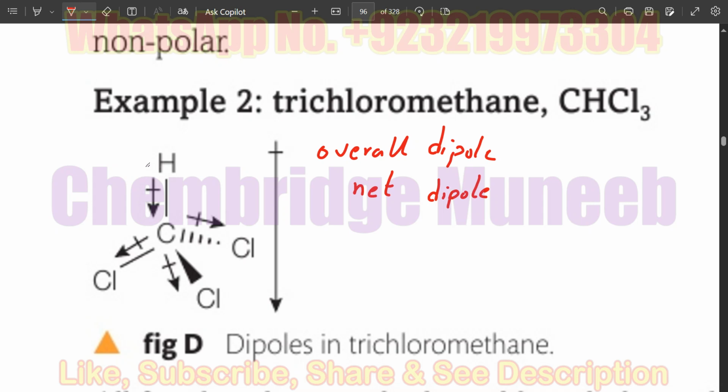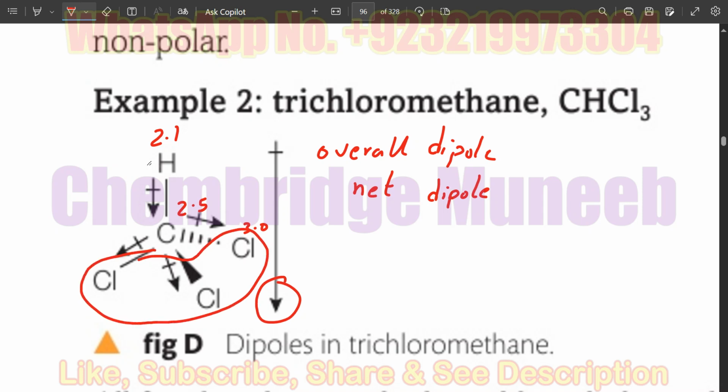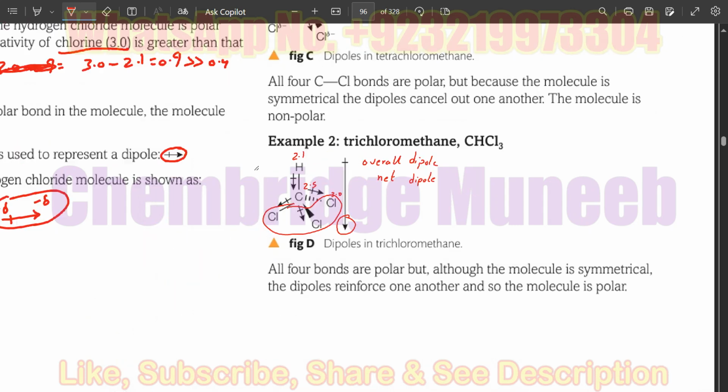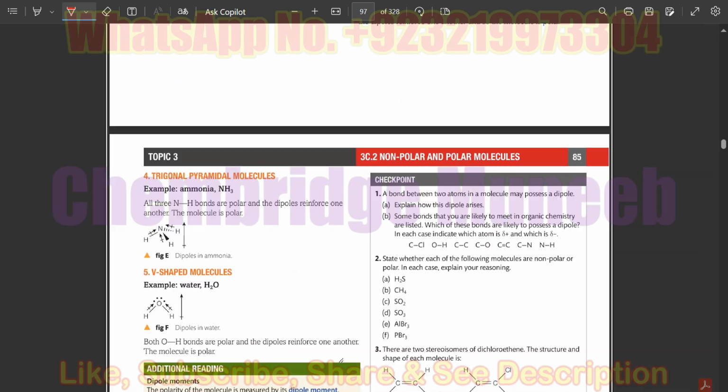Very good. 2.1, 2.5 and 3.0. So that's the reason why it goes in this direction. Basically, there is more negative area on the lower portion and least electronegative area on the top side.